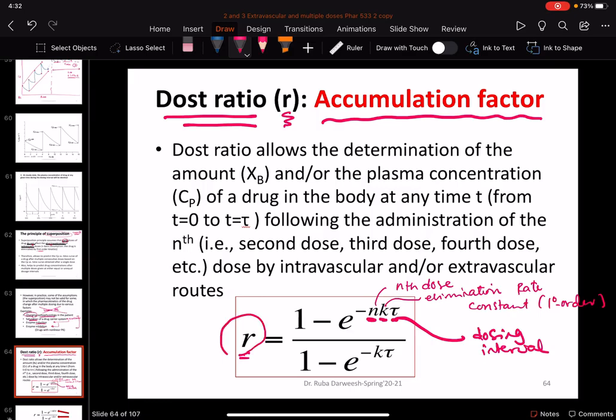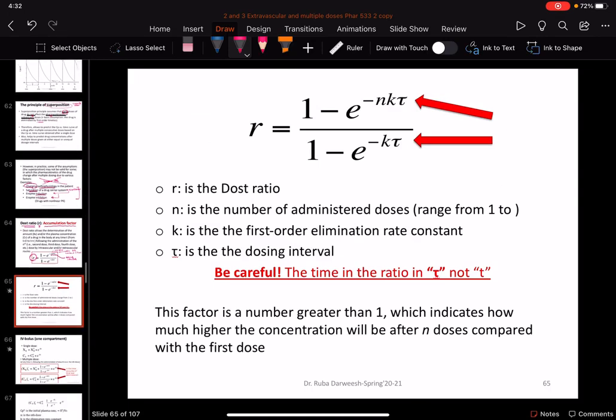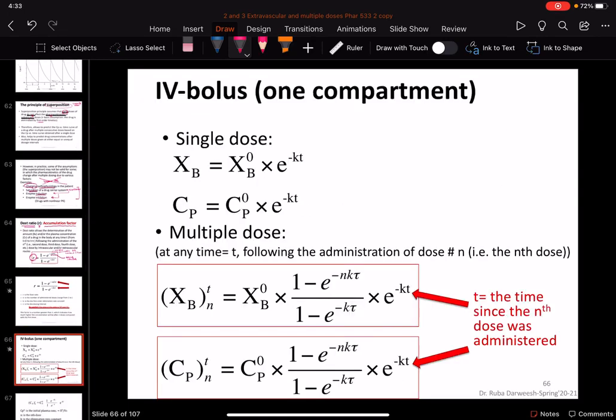And this ratio was used to have a relationship between the kinetics of a first dose and multiple doses, and then we entered this ratio into the mean model equation of a single dose that we already know, either in an amount or concentration, but the difference is that the equations start to be for the nth dose.